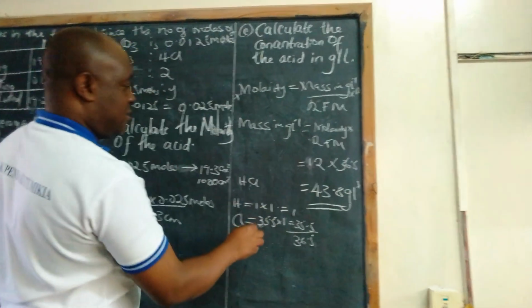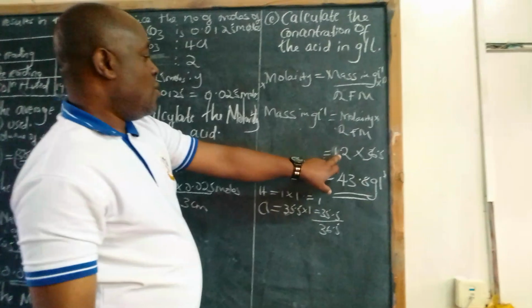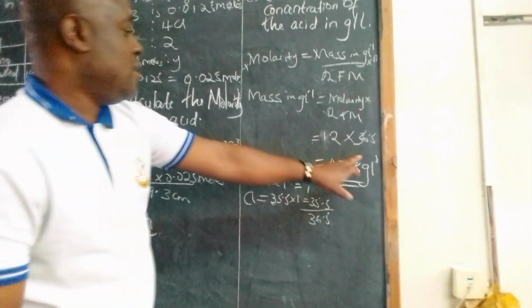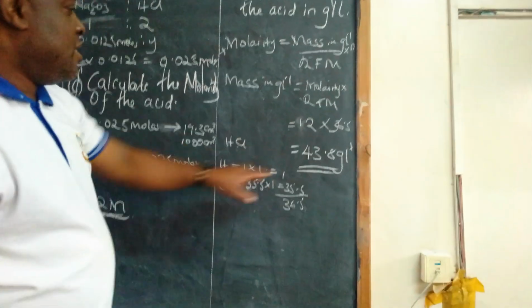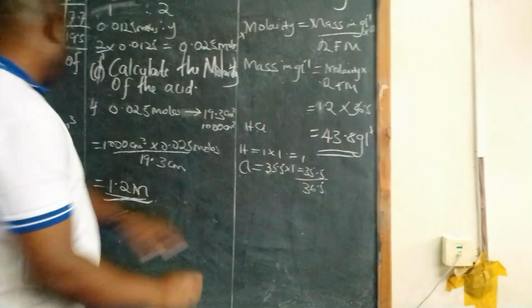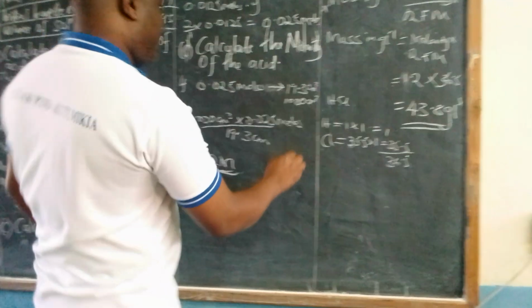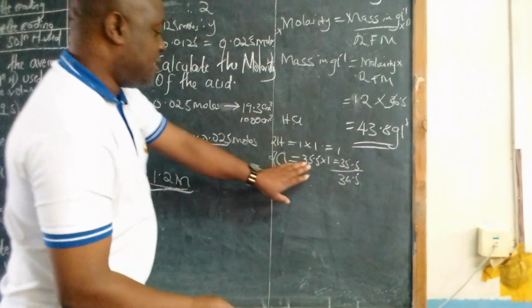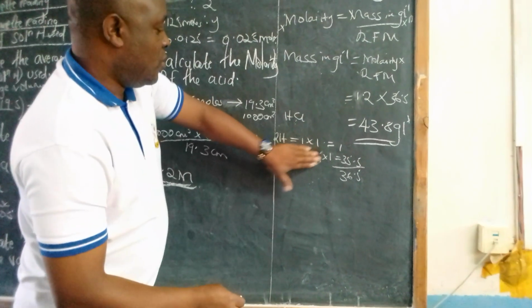So we equated 1.2, our molarity, and multiplied by the RFM. The RFM in this case, because of the mole ratio 1:2, we are supposed to multiply everything by 2 like that, so that we can get here.